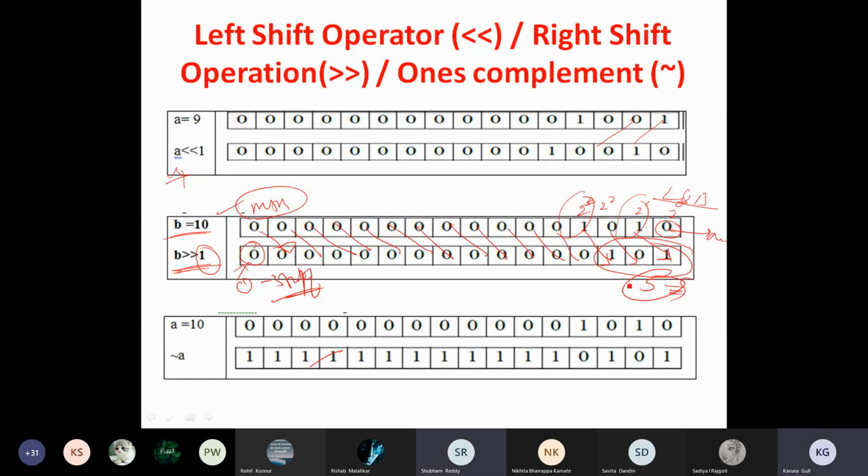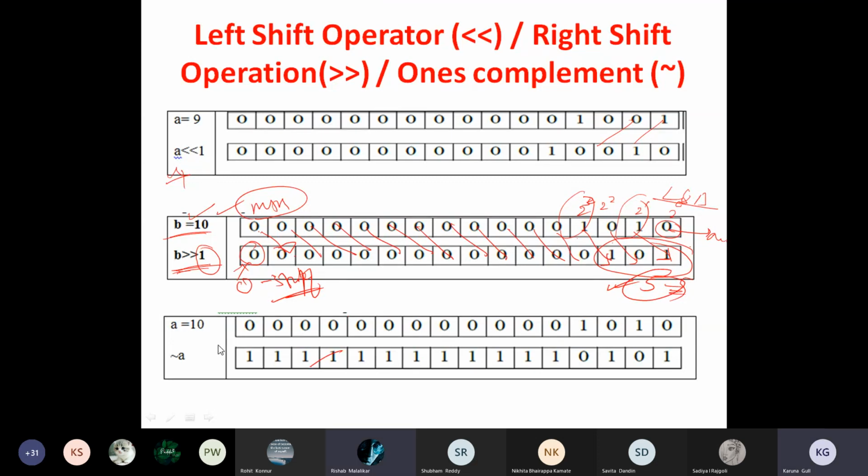So I have given 10 as data and I am getting output as 5. Usually, right shift divides that number by 2, not always, but usually. So 10 by 2 is yielding me 5. I hope it is clear to everybody. Any doubts, you can ask me.